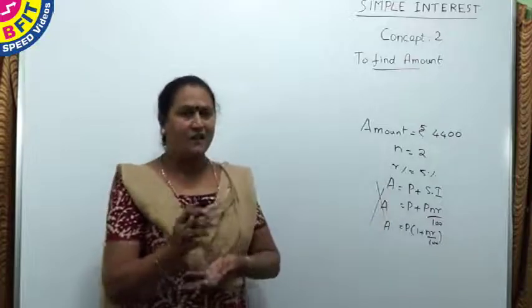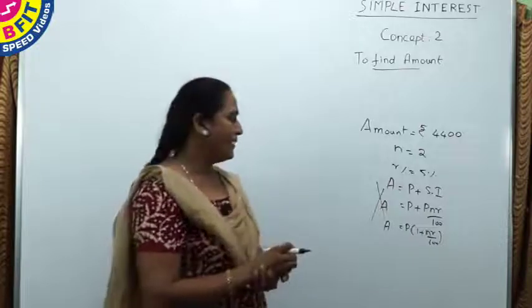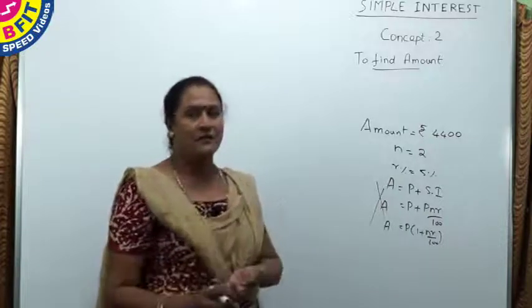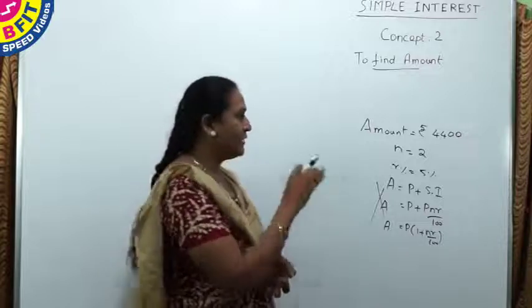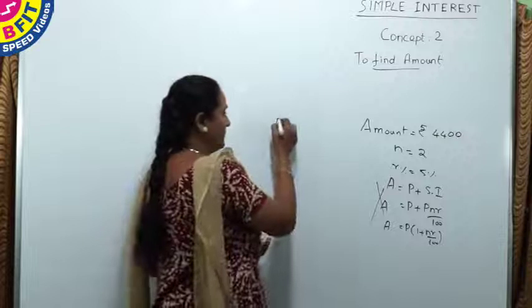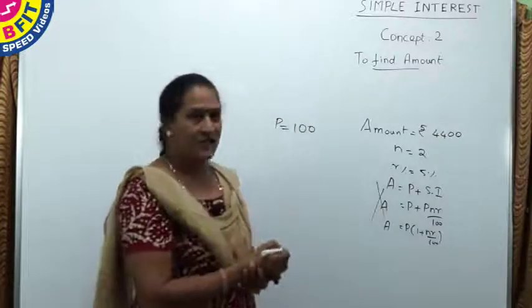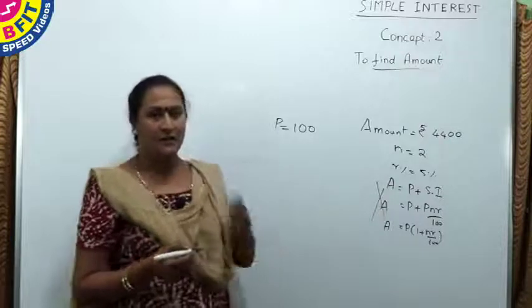Whenever any question is given in simple interest, when you are talking about the sum, you take that the sum deposited is 100 and from that you can find the exact answer. The rate is 5% and you assume that you are depositing 100 rupees.